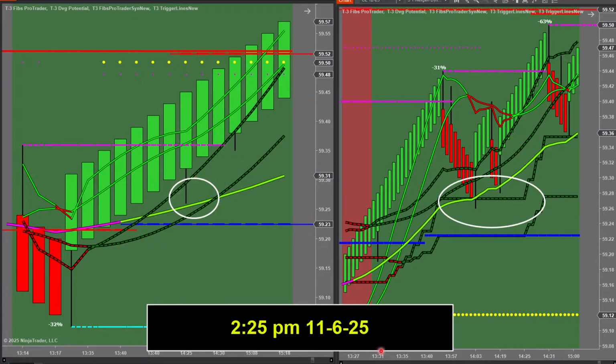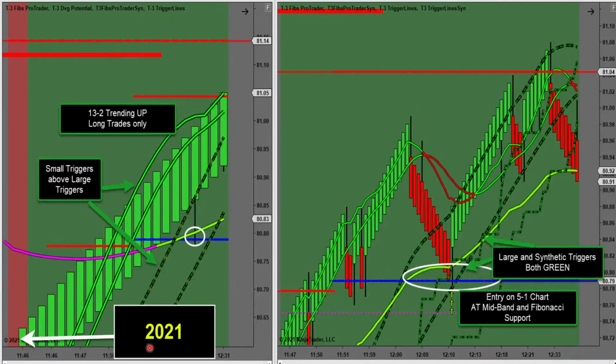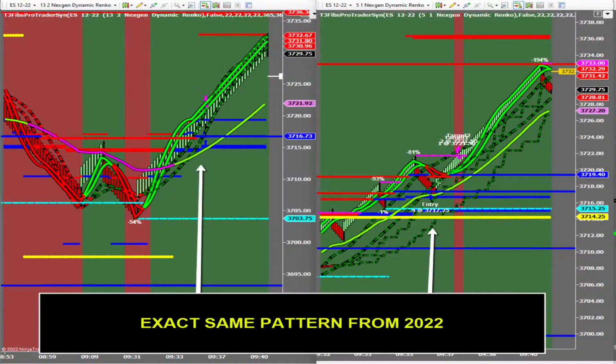This is a pattern. This happened on the 6th of November this year. Potential to break, all the momentum, pull back to an area. This happened in 2021. Potential to break, all the momentum, pull back to an area inside of triggers. 2022, same thing.